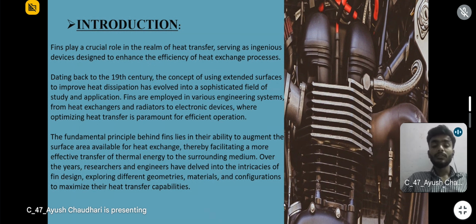The fin design is very helpful and beneficial for various types of applications, exploring different geometries, materials, and configurations to maximize their heat transfer capabilities.